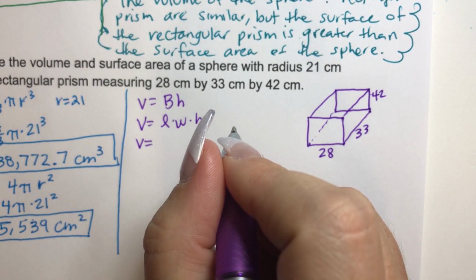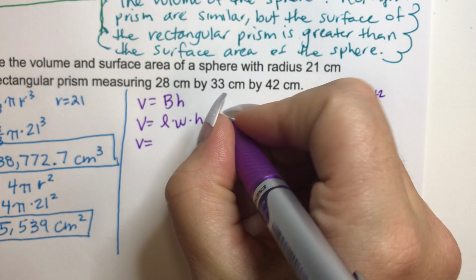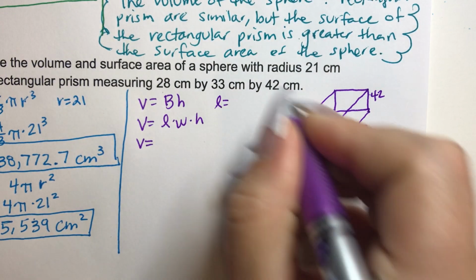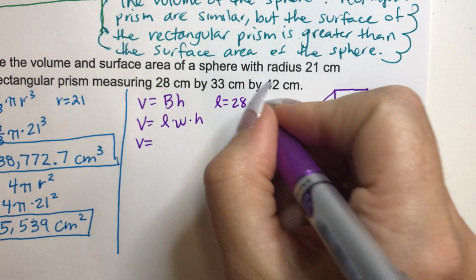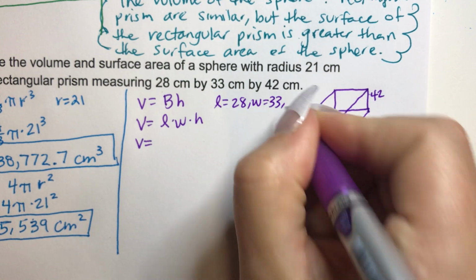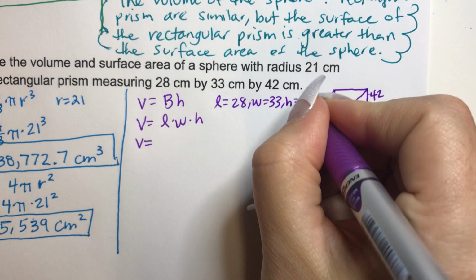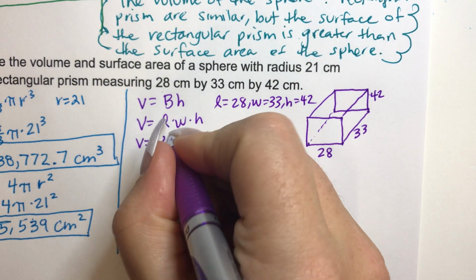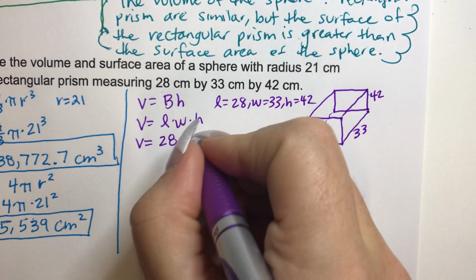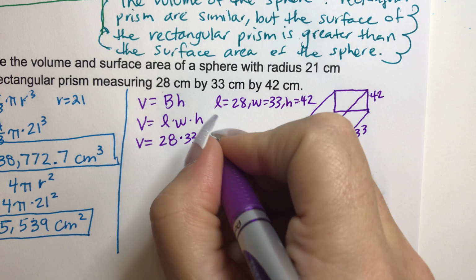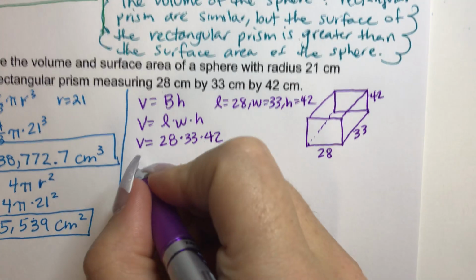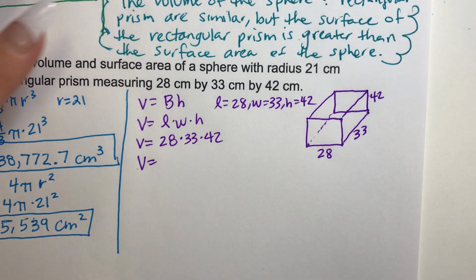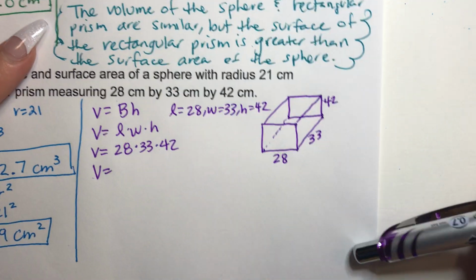So we have the length is going to be 28. The width is equal to 33, and the height is 42. So we just stick in those values, 28 for L, the width is 33, the height is 42. Volume equals, I'm gonna multiply and figure out what those values are.